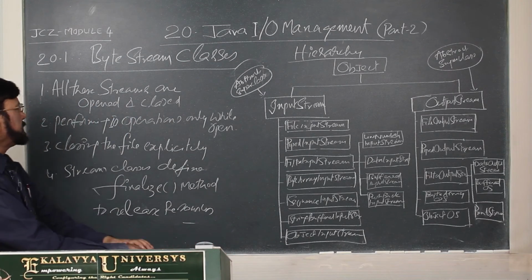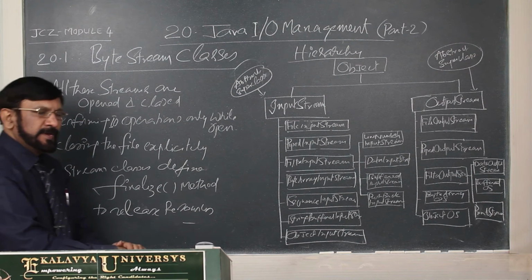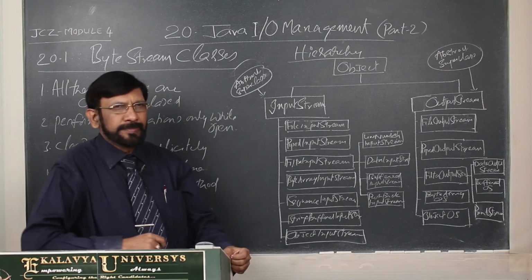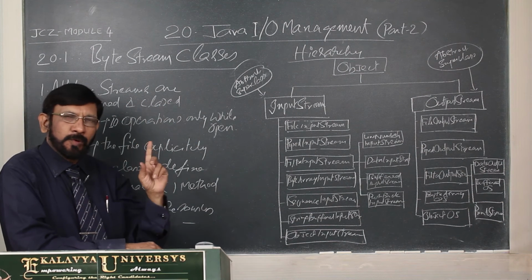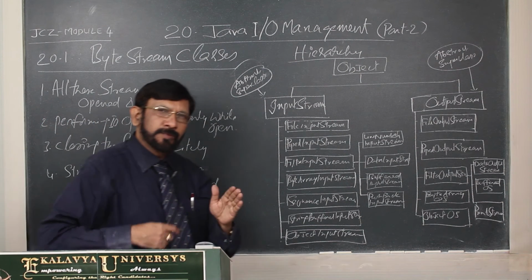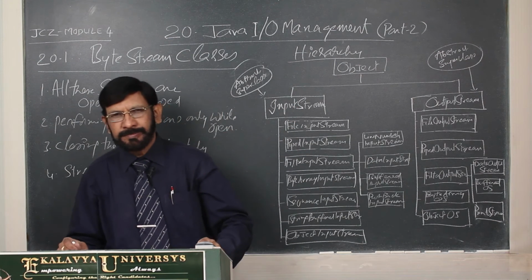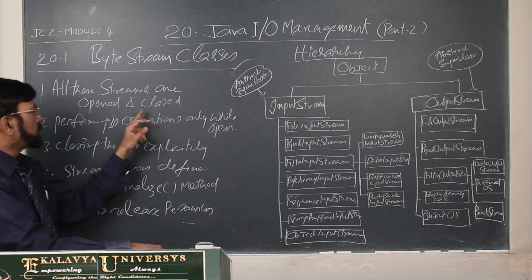As far as the byte stream classes are concerned, actually all the stream classes, like character classes, are opened and closed. They are opened because if you have to use a stream, it should be open and thereafter it should be closed.